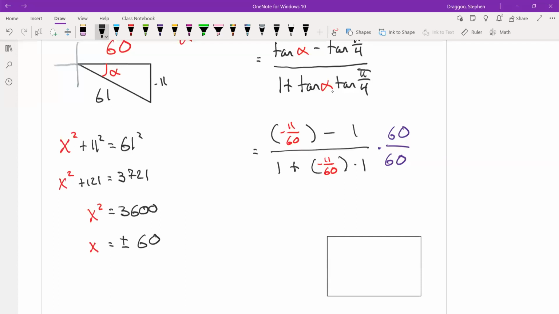Doing so, negative 11 over 60 times 60 is just negative 11, minus 1 times 60, which is 60, divided by 1 times 60, which is 60, minus negative, plus negative 11 times 60, which is minus 11.